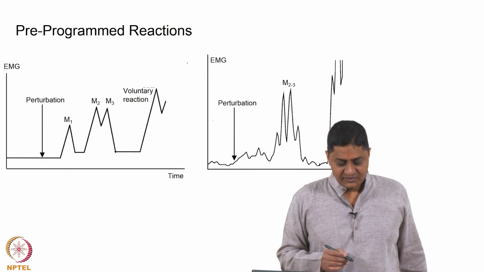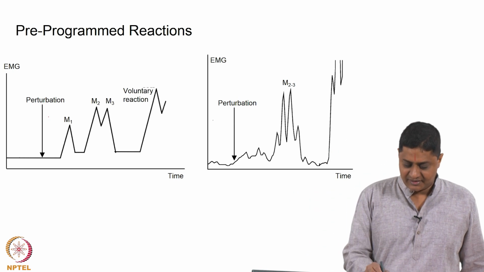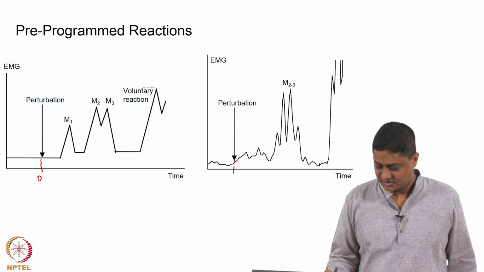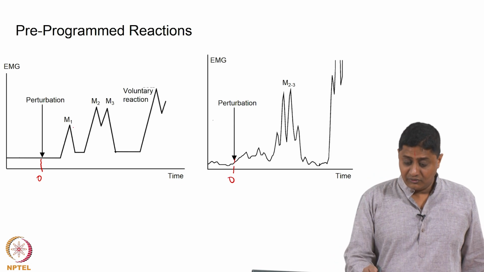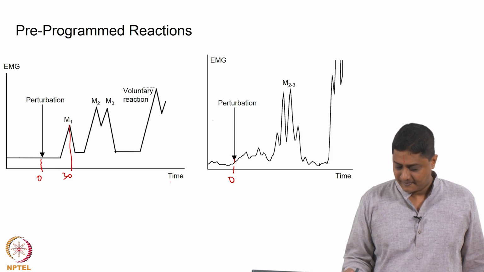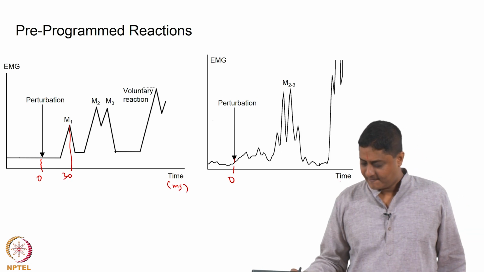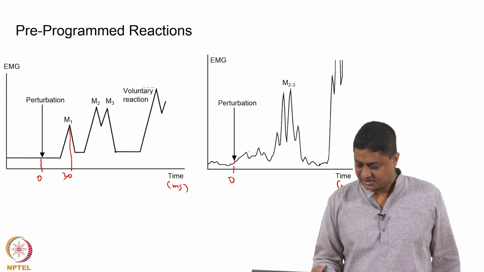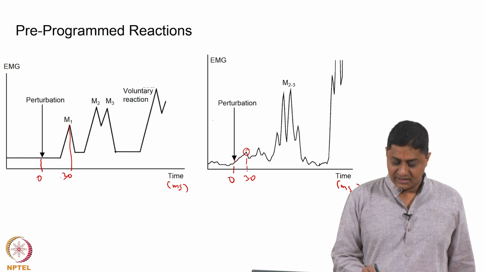Suppose there is a perturbation that happens at that time, let us call this time 0. At around 30-40 milliseconds there is a first response that happens, and what is that?